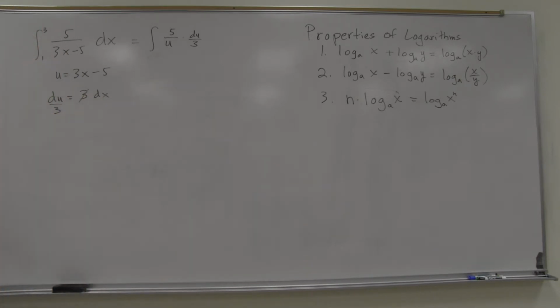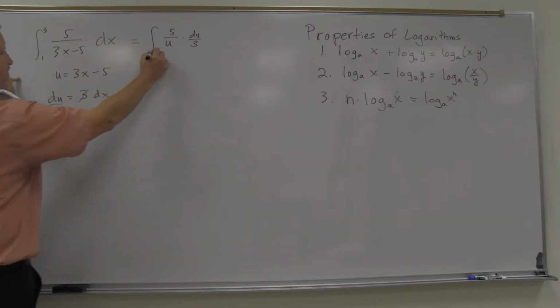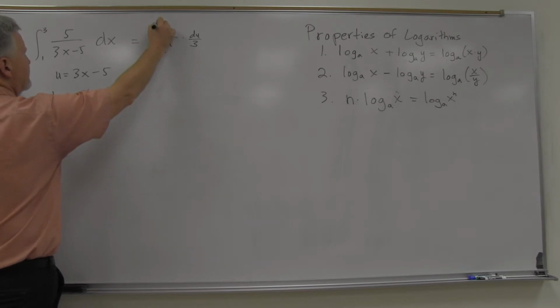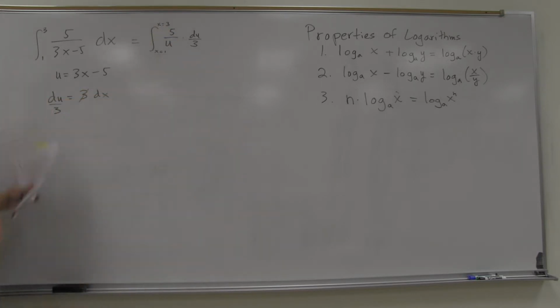All right, and this one's a definite integral, so you just have to remember the limits here are not u's, they're x's. You can change them to u's. I don't care if you do that, but if you don't, those are x values. So what have we got in this case?